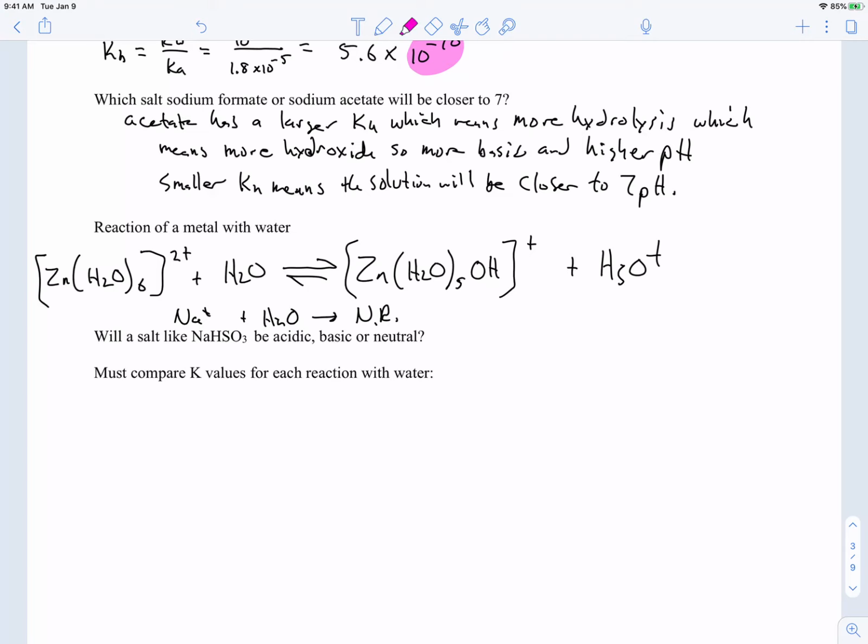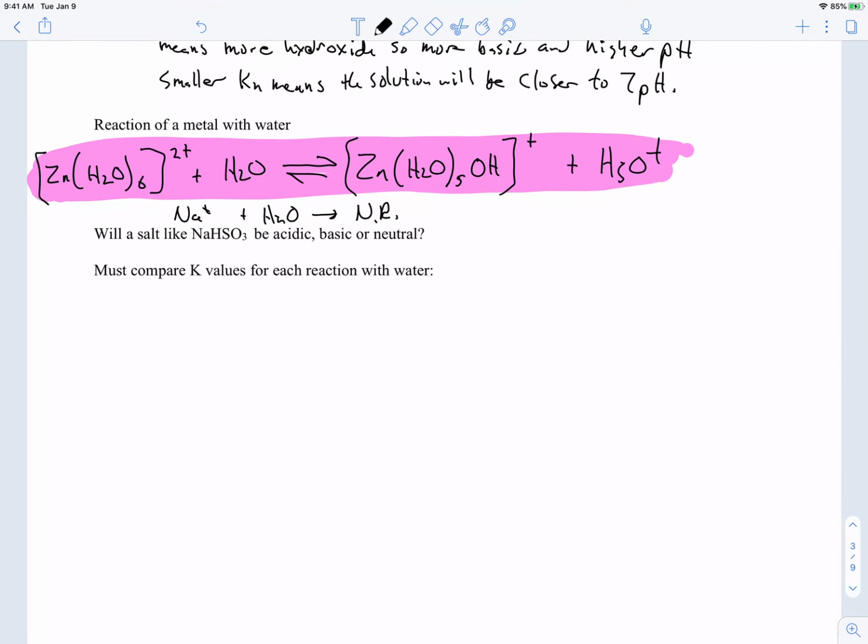So this is the equation for any transition metal. The only thing that would be different would be the metal and the charge. But if you used iron or aluminum or silver, the charge would be different. Of course, the metal would be different, but it's the same reaction. It's 6 water molecules. You just substitute the metal ion and the charge, of course.